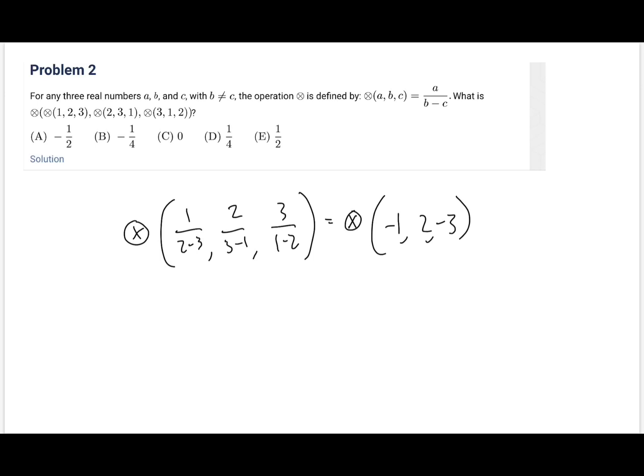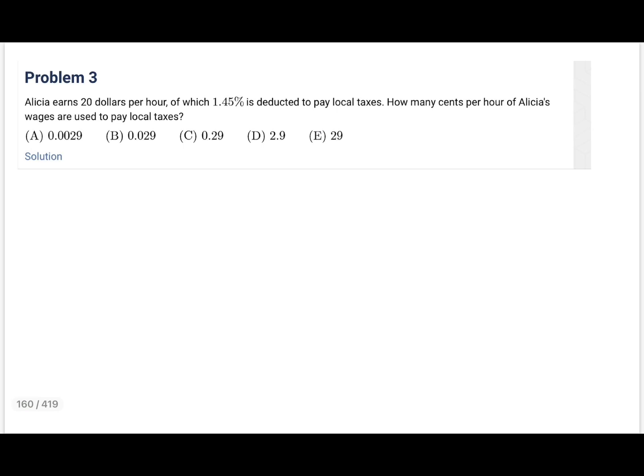Actually, this isn't 2. This would be 1. So this would be minus 1 over 1 minus 3, which is minus 1 over 4. So it's B.